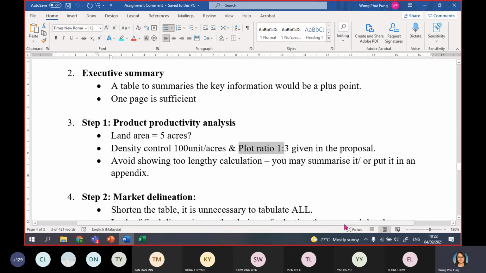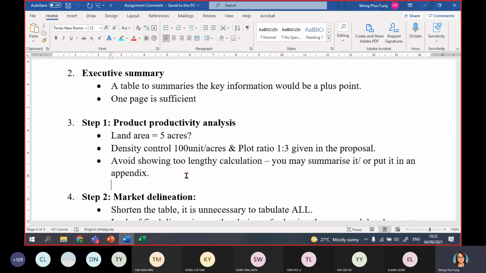Okay? And most of you have a habit to show the calculation. If the calculation is very short, acceptable. But if the calculation is very, very long, I would suggest you either put it in a table, or put it in an appendix to say that this calculation you can refer to appendix 1.